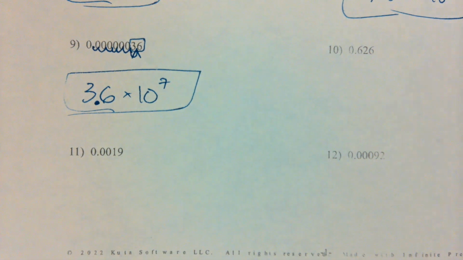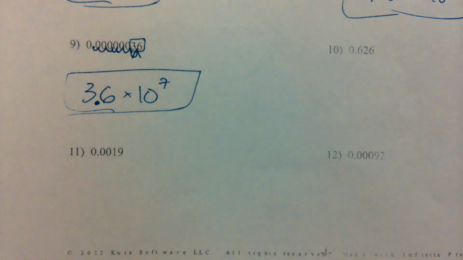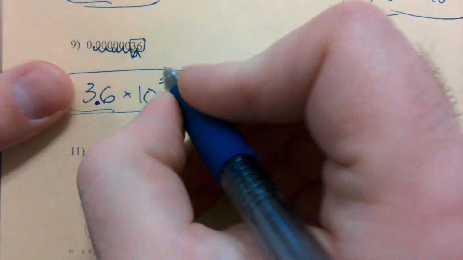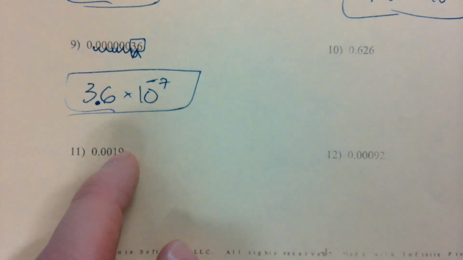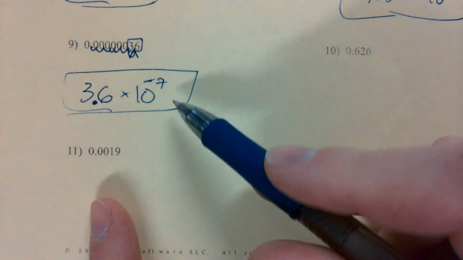Take this decimal and move it 1, 2, 3, 4, 5, 6, 7 spaces. 7 spaces. 3.6 times 10 to the 7. What did I do wrong? That's right. I forgot my negative. It's really easy to forget that. Make sure you are paying extra special attention to the sign of your power.